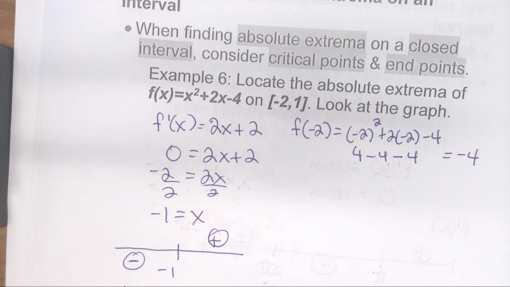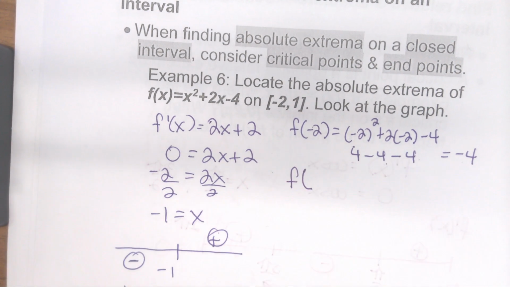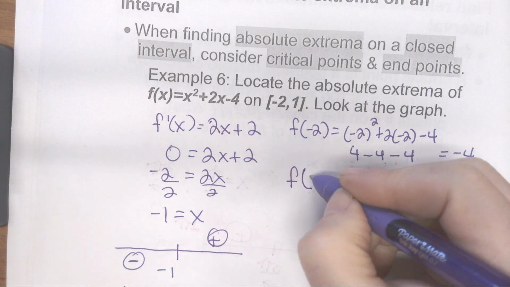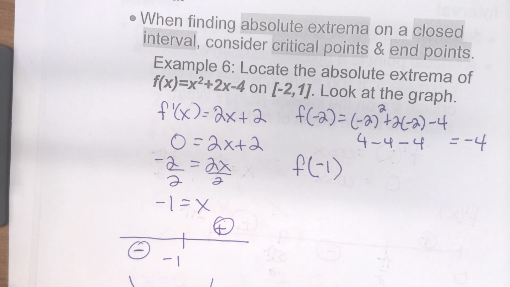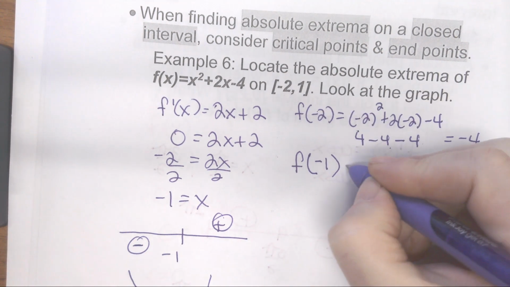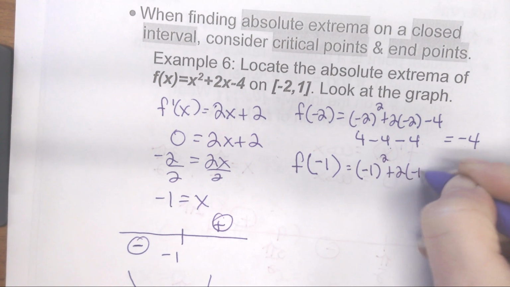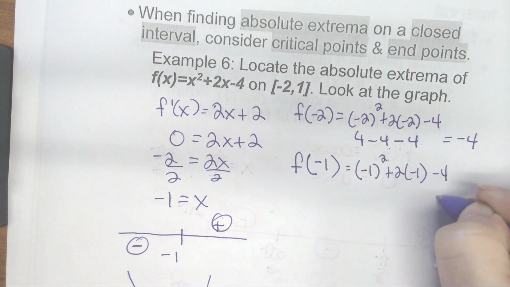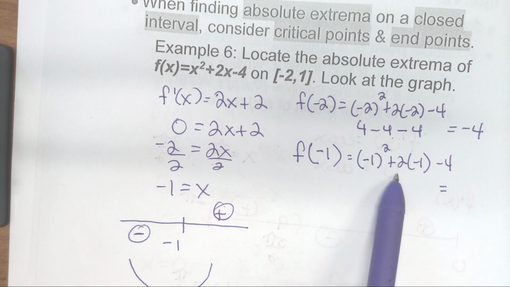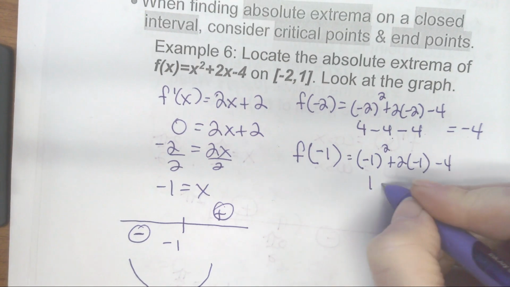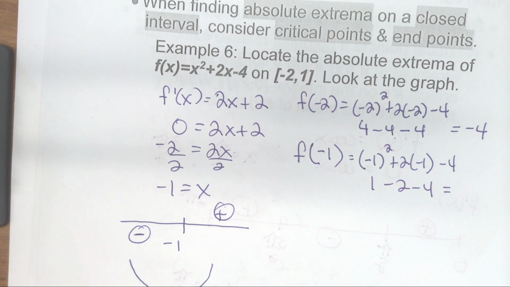All right, let's plug in my next value, which is my negative 1. That's where we know there's a local min, okay? When I plug negative 1 squared in, negative 1 squared is 1. 1 minus 2 minus 4 is negative 5.